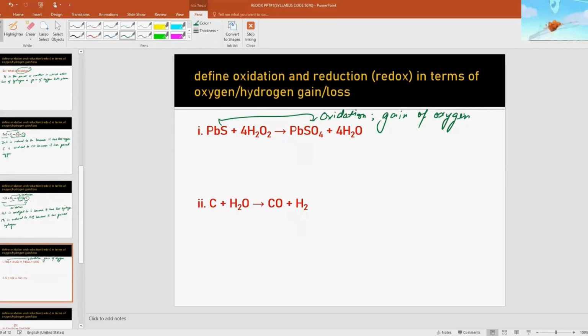And H2O2 is reduced to H2O. Reduction, because it has lost one oxygen. Loss of oxygen.